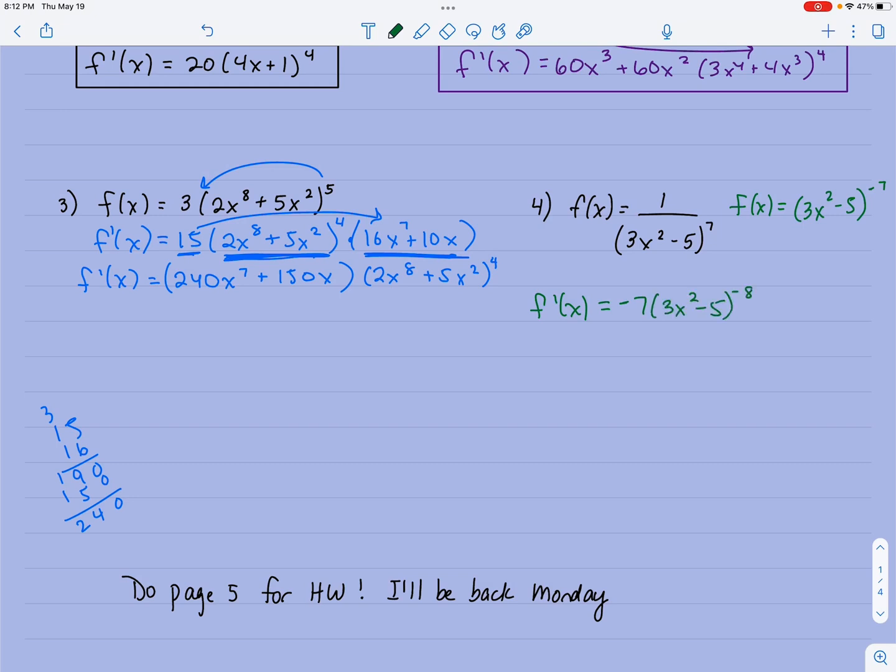You have to decrease it by 1, so to the negative 8th. But then you have to multiply by the derivative of what's in the parentheses, which is 6x. The negative 7 can multiply by the 6x. So that's negative 42x, parentheses, 3x squared minus 5 to the negative 8th. And then we would bring that to the denominator since it's a negative exponent.